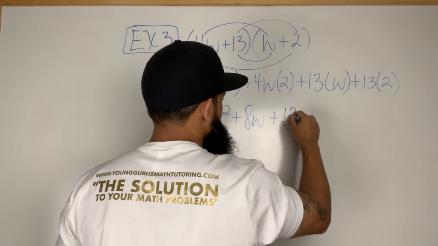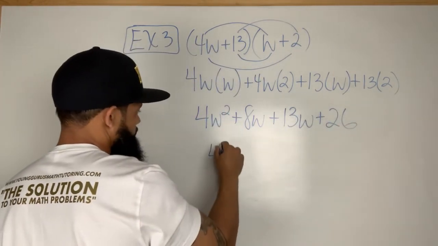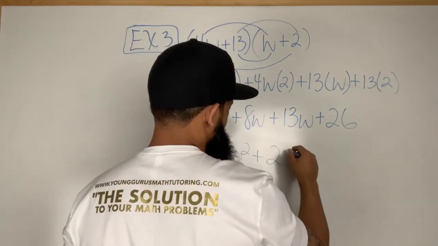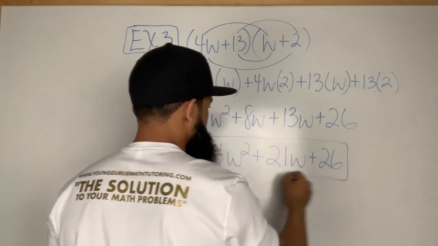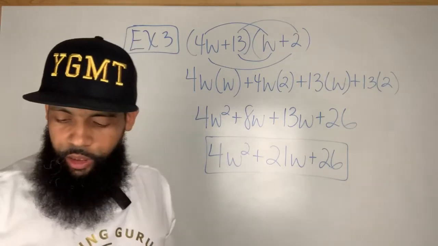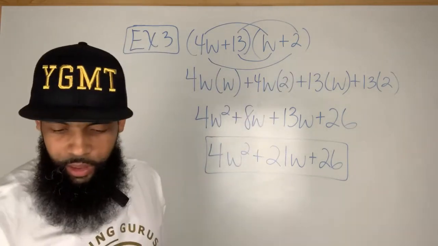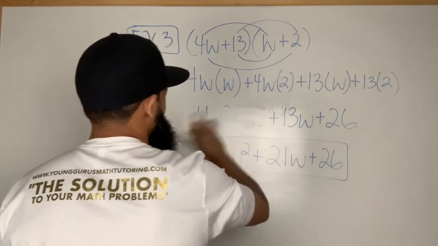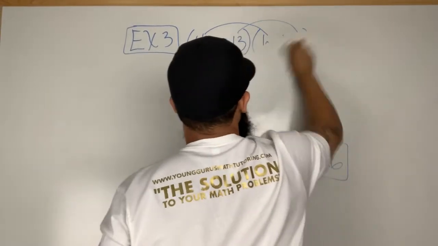Inside, plus 13 times w is 13w. And last, plus 13 times 2 is plus 26. The two middle terms are like terms, so we get 4w squared plus 21w plus 26, and that will be your answer. Same thing, the FOIL method once again. I just did it a little different. Some people draw the smiley face up there, but I don't draw the happy face anymore. I think that's more for the graphical stuff, worksheets, all that fancy stuff.